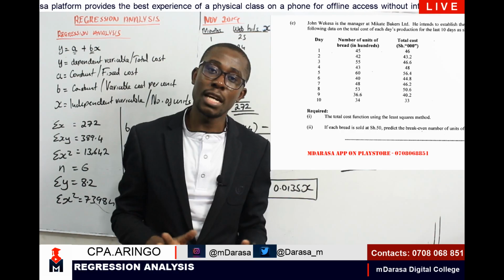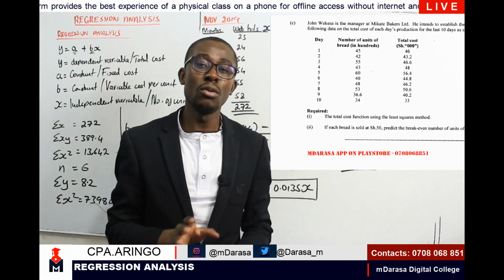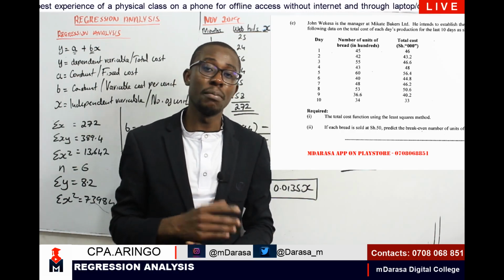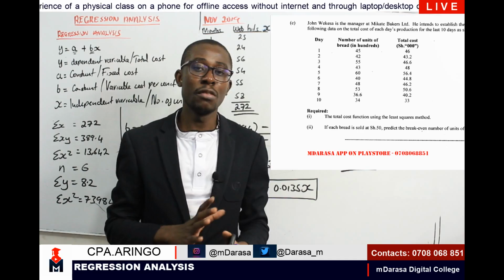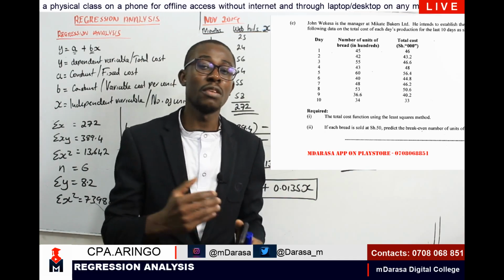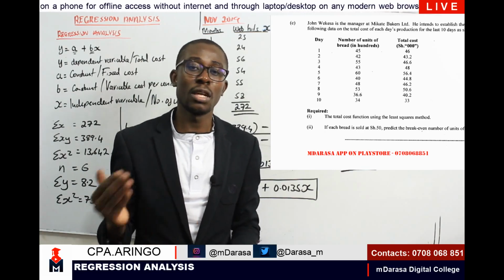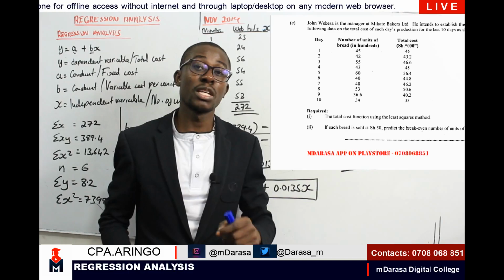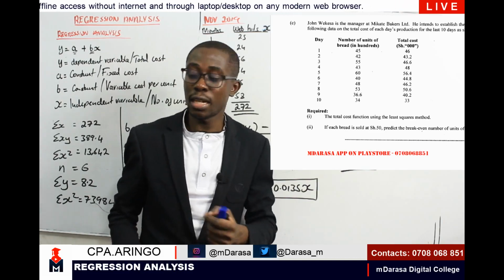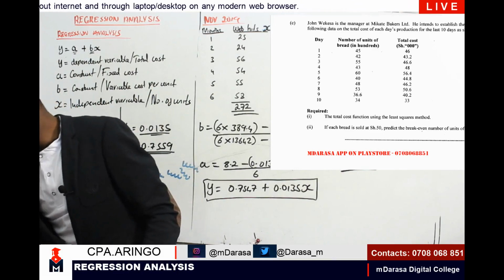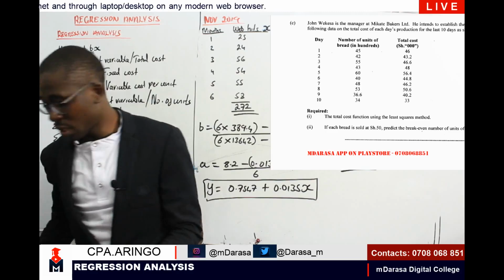Many a time we said, for you to know your independent variable, it will not be given in monetary form. You will just be given in units, in hours, and all that. Whereas the values that will be given in monetary form, in this case, high chance will be your values of Y. So let me erase here so that you can continue.